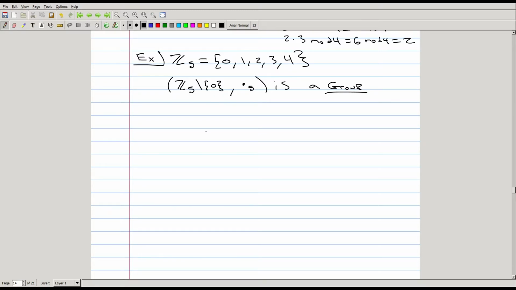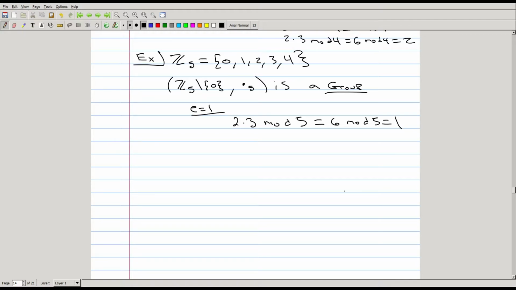So if you think of what we have here, the group identity is 1, and 2 times 3 mod 5 is equal to 6 mod 5, which is 1.